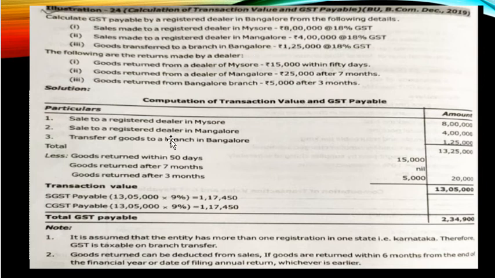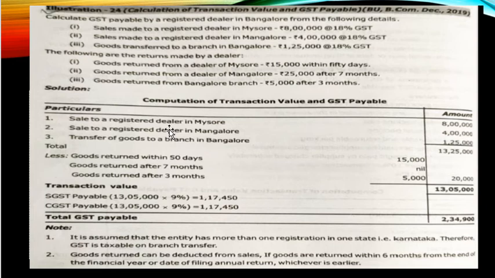So we take the sales made to the registered dealer in Mysore, 8 lakh, then sales made to the registered dealer in Bangalore, 4 lakh, transfer of goods to a branch in Bangalore, 1,25,000. So the total sales value is 8 lakh plus 4 lakh plus 1,25,000, which gives us 13,25,000.